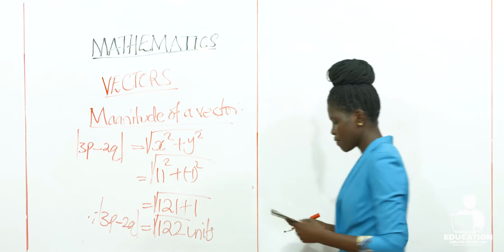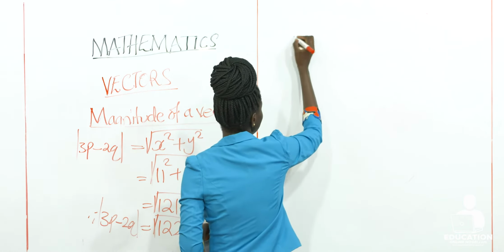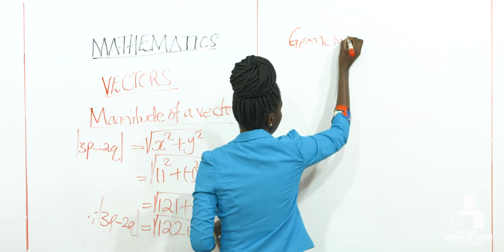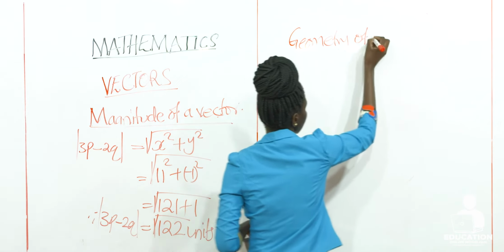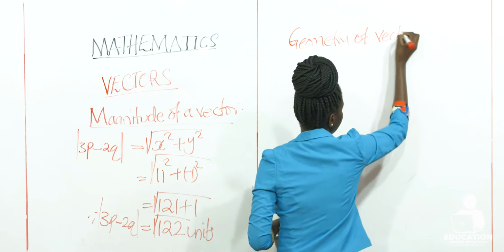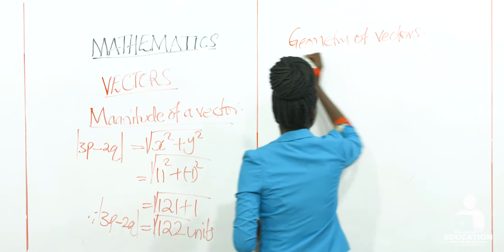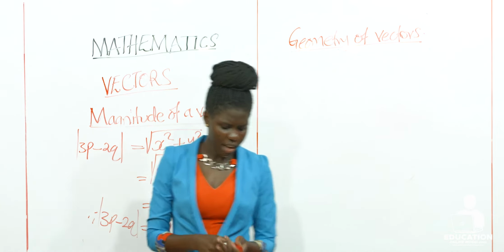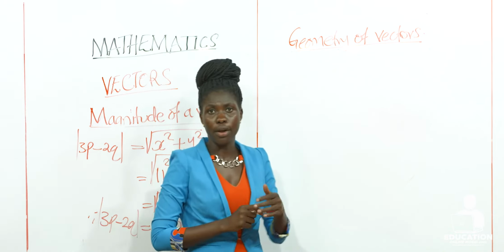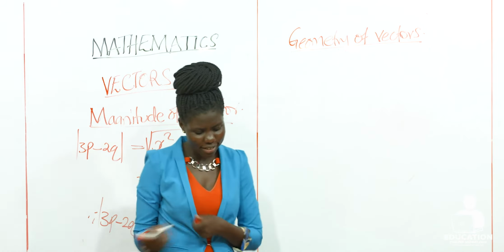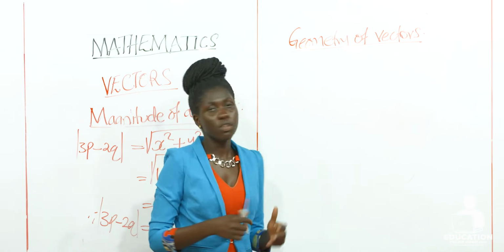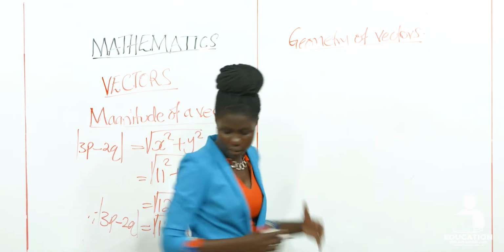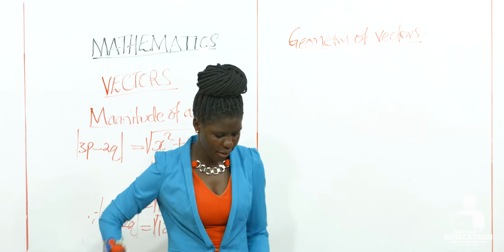Next, we are going to have geometry of vectors. Geometry of vectors is simply the addition of vectors. That is the movement. For example, if you have a square, let me draw this to help us.